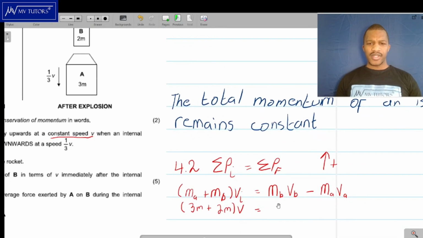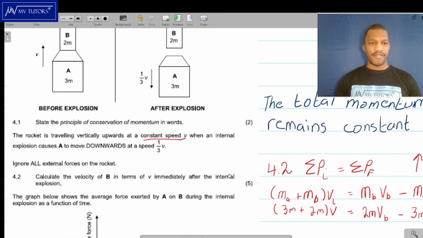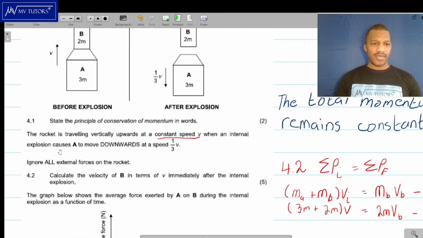Right, so what is the mass of B? Once again, mass of B is 2m, and its velocity B, that's it, minus mass of A is 3m times its velocity A. Now there's something they said about that velocity of A. They said it causes A to move downwards at a speed of 1/3 of v.